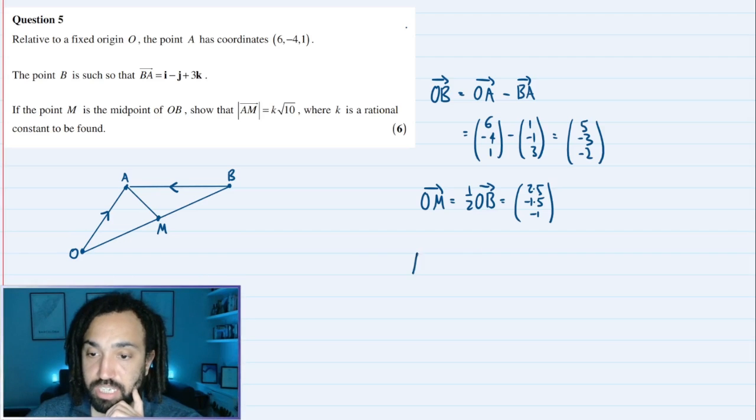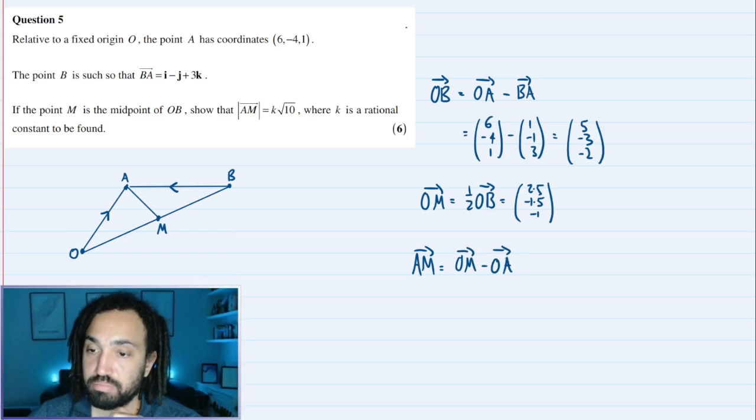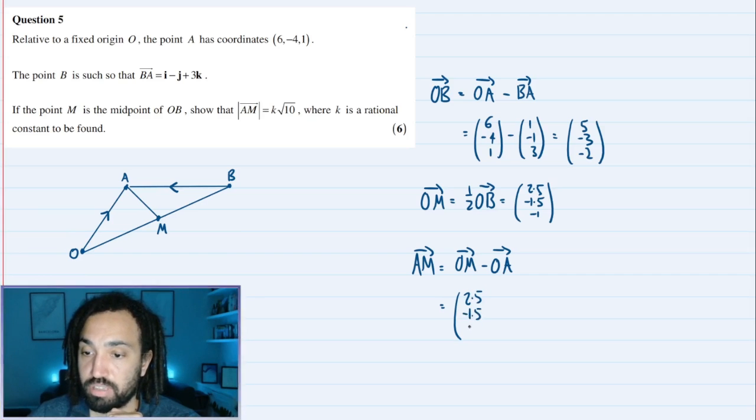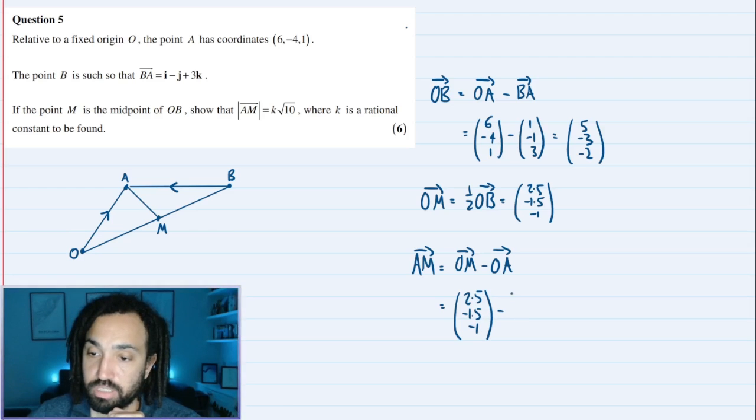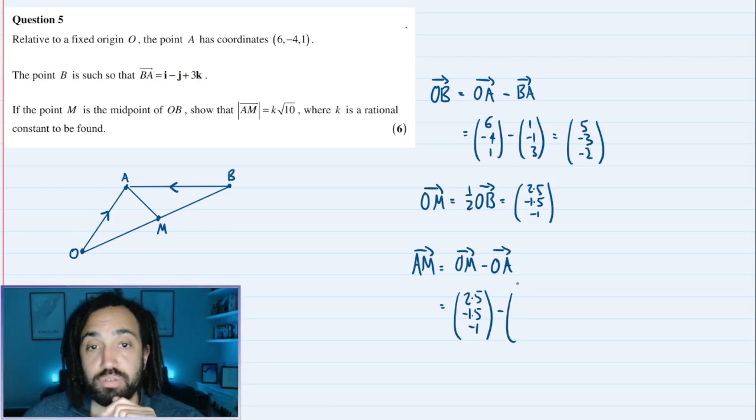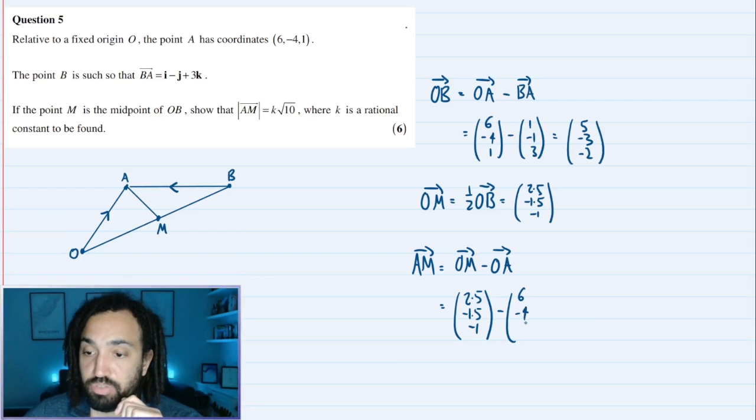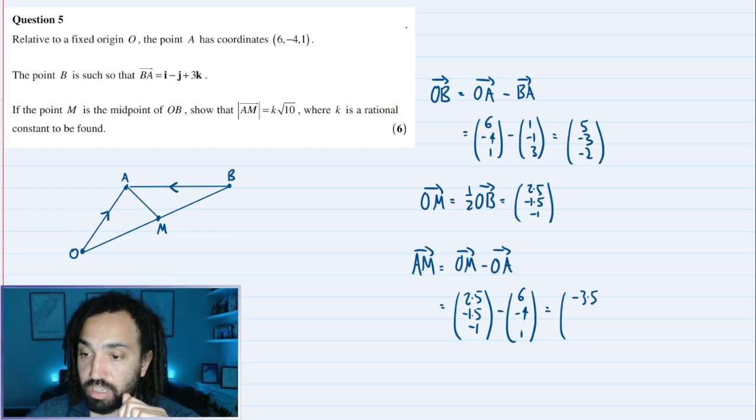Okay, so now I can find A to M, which is O to M minus O to A. So that is (2.5, -1.5, -1) minus O to A, which is (6, -4, 1). And that gives me a value of (-3.5, 2.5, -2).